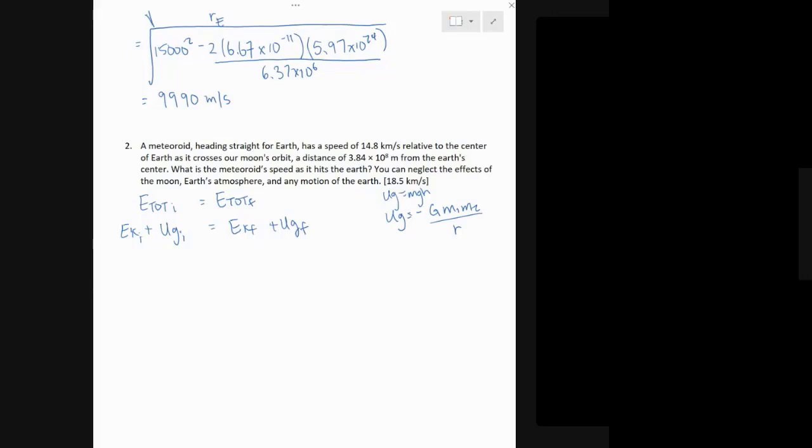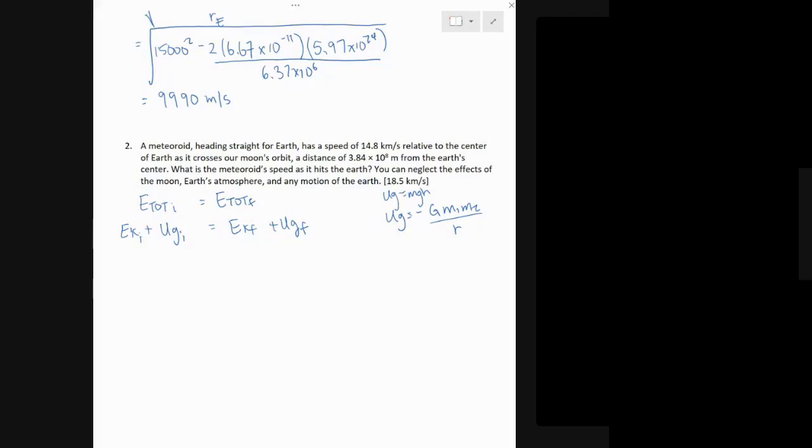But when you find UG initial with one equation, like MGH, and UG initial with the other equation, you won't get the same value. So you need to choose one equation or the other for the entire problem. If you use the same equation, the change in UG, final minus initial, would be the same either way.